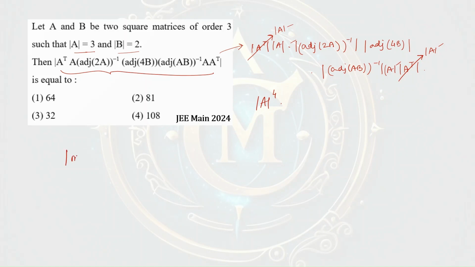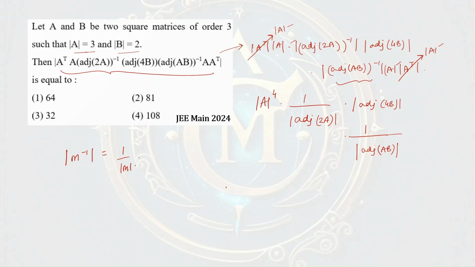Now we know the determinant of the inverse of any matrix is equal to 1 over determinant of A. So it will be simply equal to 1 over determinant of adjoint of 2A, times determinant of adjoint of 4B, and this will also be 1 over determinant of adjoint of AB. So this is multiplied with this.